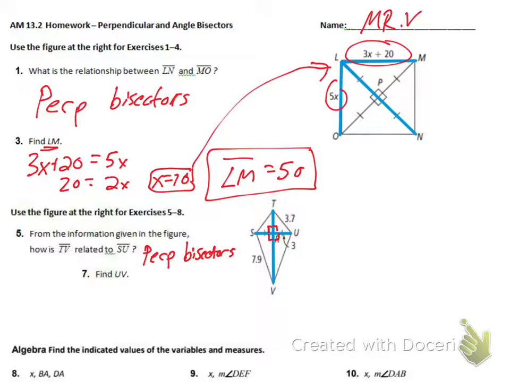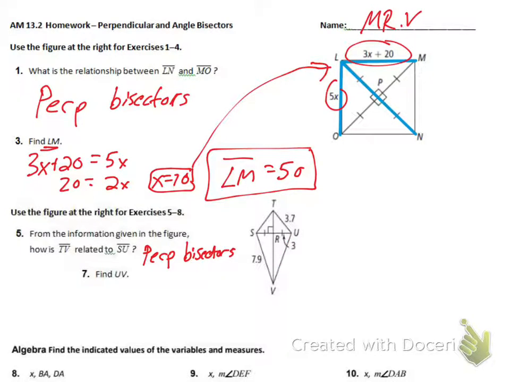And then number 7, find UV. So I need to find from here to here. So I'm looking for UV, and, oh, here it is, sorry.